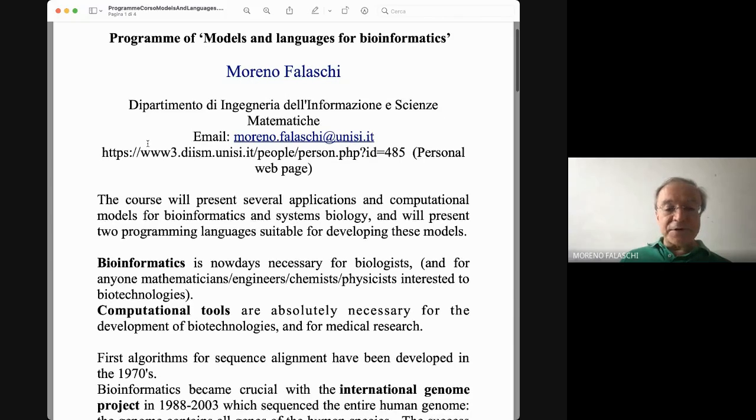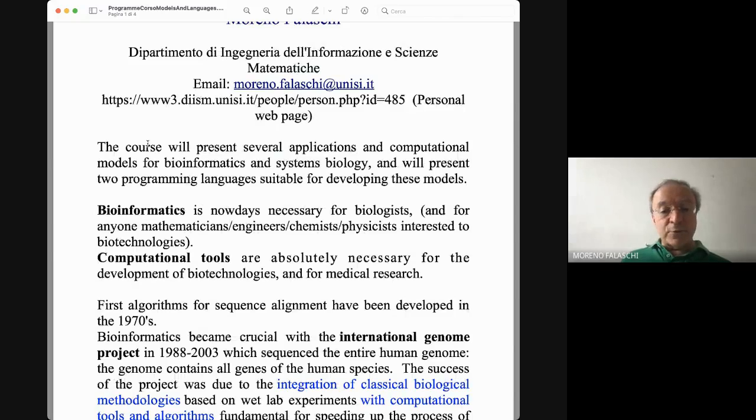We can say that the first algorithms for bioinformatics, which means in particular for solving the problem of sequence alignment for DNA sequences or other kind of sequences, have been developed in the 1970s.